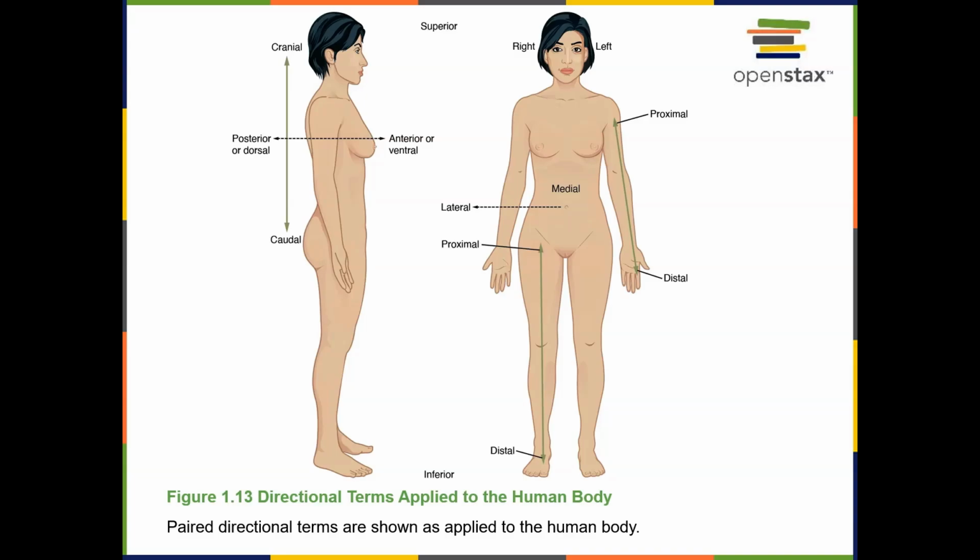Proximal means closer to a point of attachment along one of the limbs, and distal means further from a point of attachment along one of the limbs. You can see cranial and caudal are similar to superior and inferior, cranial meaning towards the head and caudal meaning towards the tail, or down towards the coccyx, the tailbone in human.